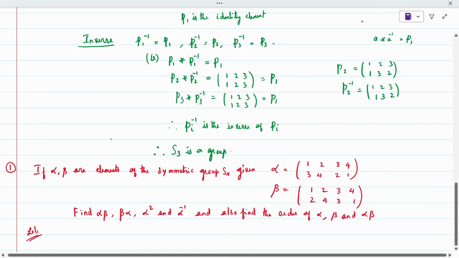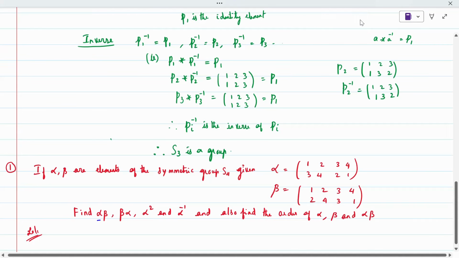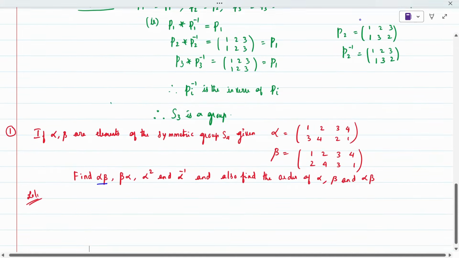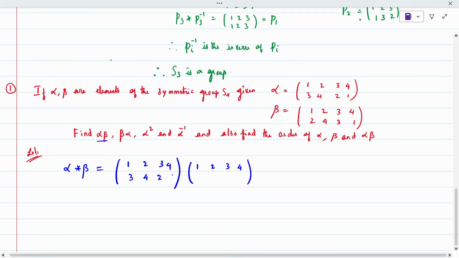So how do we do the permutation? Two elements, alpha and beta, are given. First I have to do alpha beta, so I have to multiply alpha into beta. When I multiply it, 1, 2, 3, 4 over 3, 4, 2, 1 and 1, 2, 3, 4 over 2, 4, 3, 1.